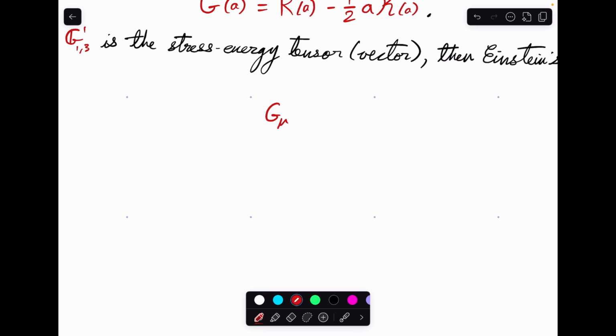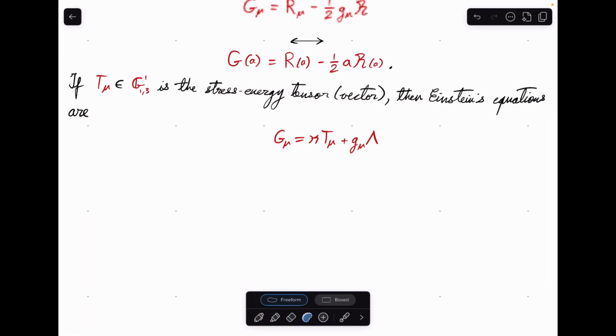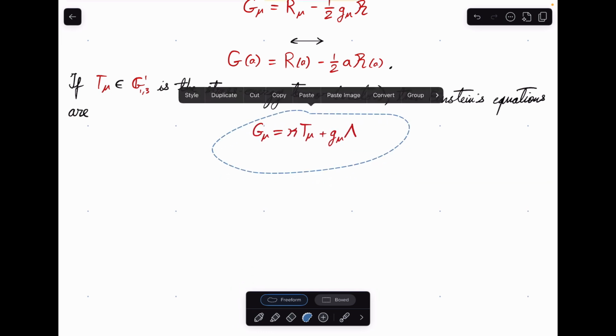It's G mu equals kappa, which is just some constant coefficient, I'll explain it in a second, times the stress energy tensor plus the coordinate basis times lambda, and we'll talk about what these are in a second.